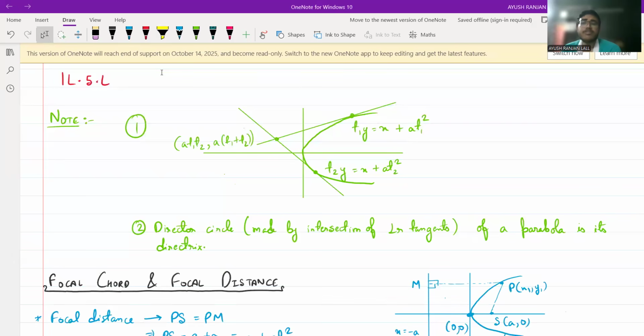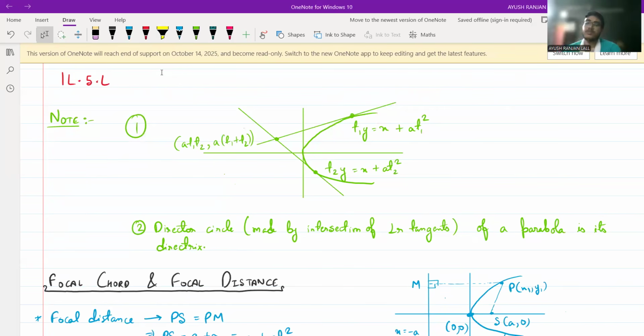So automatically you have got one relation, and you can find the point. By using this, you have to find the locus. If you find the locus, you will get a circle. The locus of the point of intersection of perpendicular tangents to the parabola y square equals 4x. So you will get the equation of the director circle.